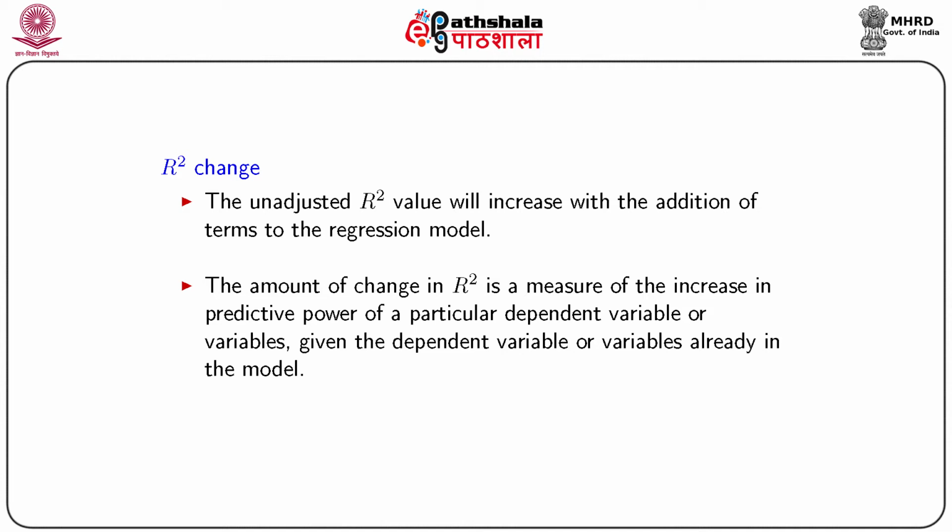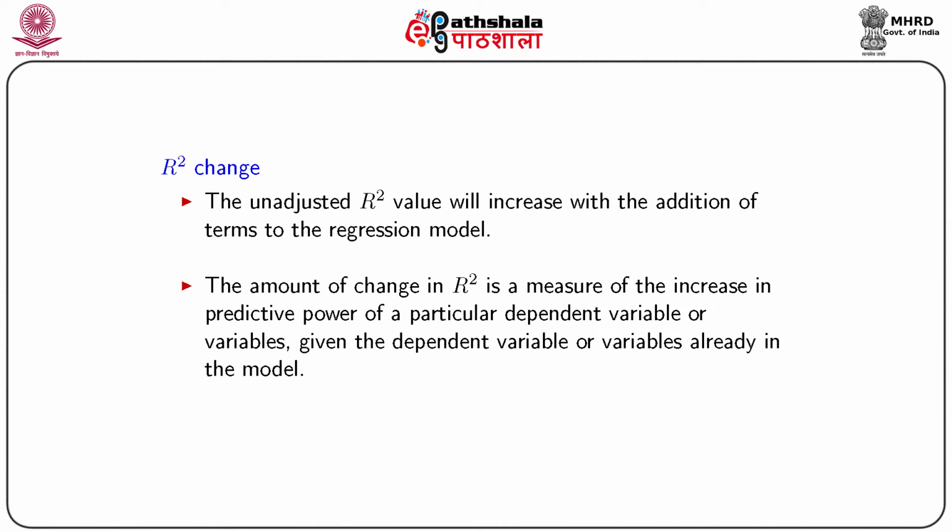So instead, what we use is adjusted R square. The adjusted R square adjusts for the number of observations as well as the number of parameters that we are estimating in our model. So if after correction for the number of parameters or the number of variables included, the increase in the value of R square is not significant, then we decide on not including the new variables in the model and making it more complicated.